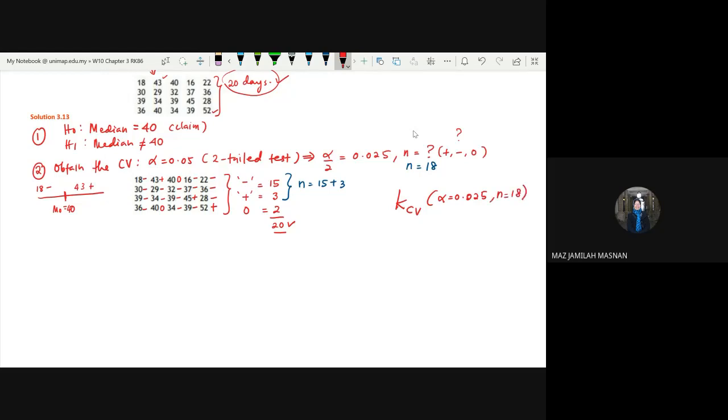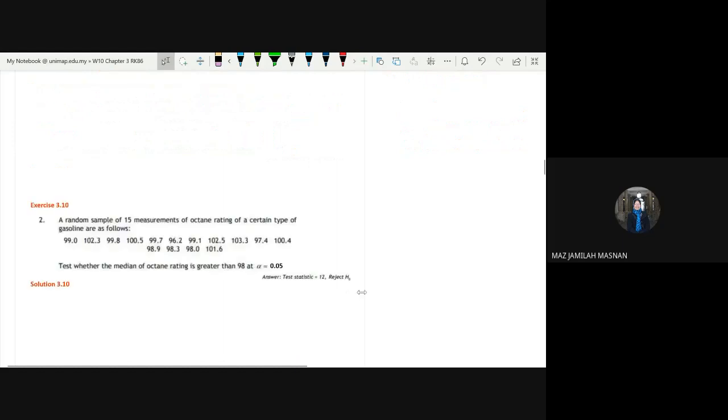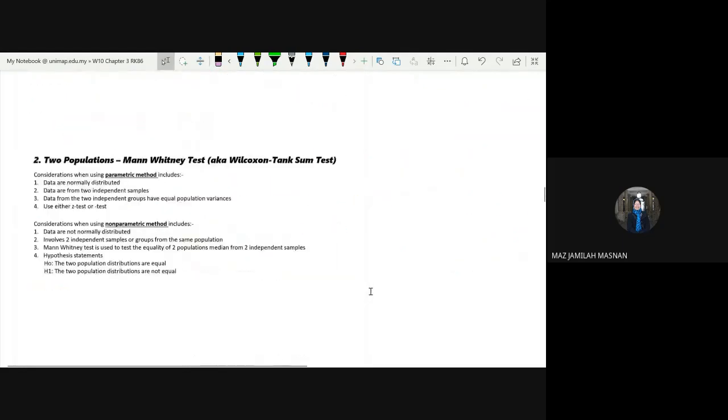Now look at your sign test table. Turn to the last page of your textbook, or I have provided the sign test table at the end of my slide.